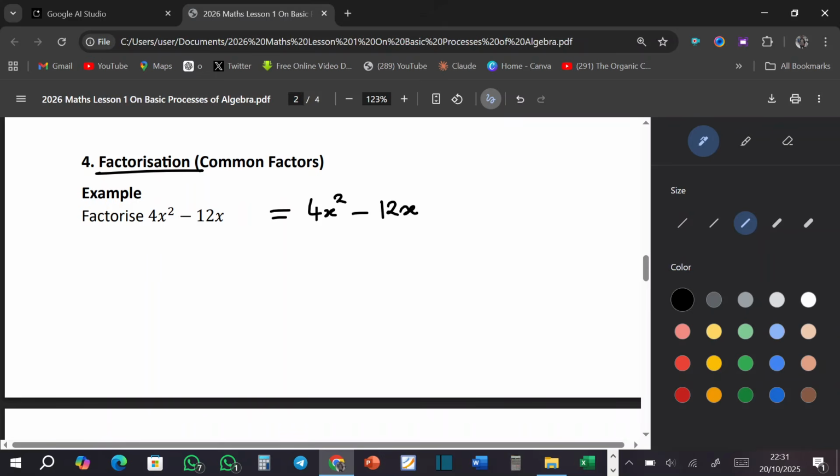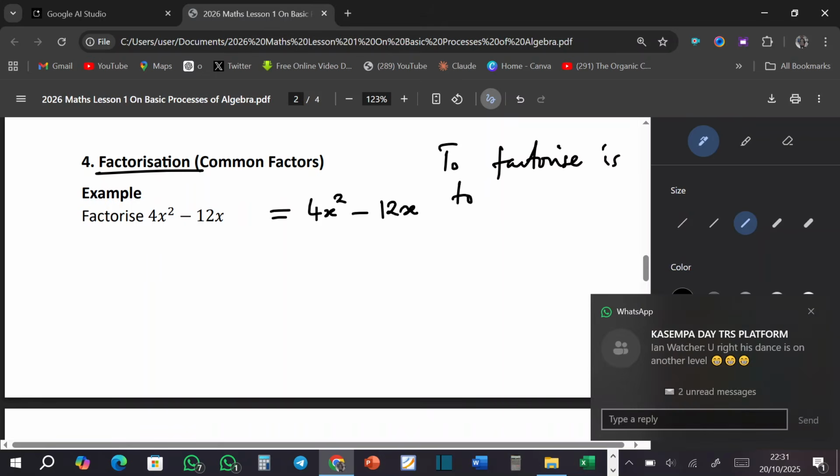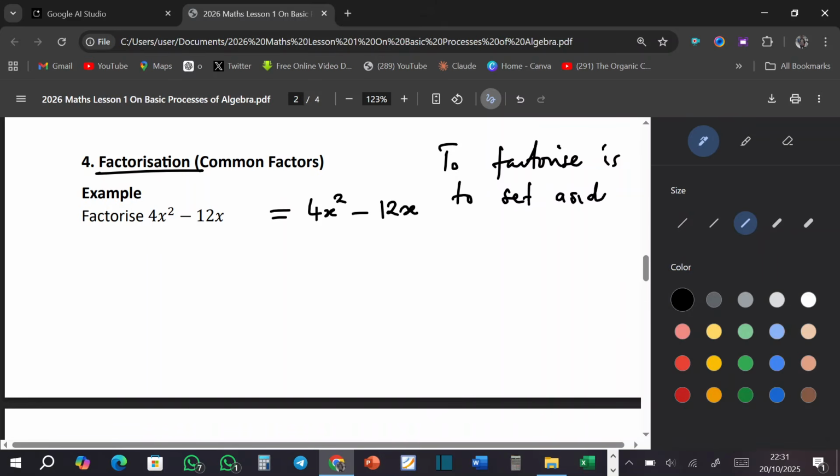So to factorize, guys, to factorize is set aside what we call common factors. Okay, you set them aside.